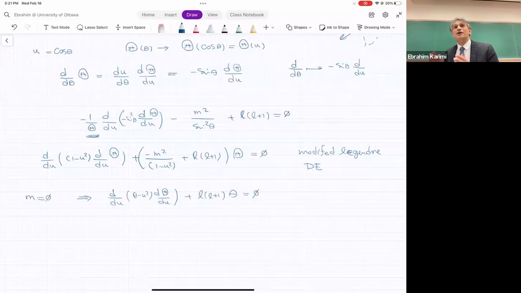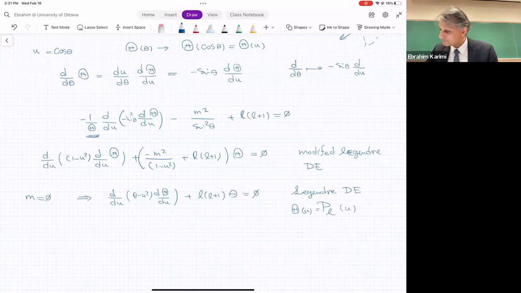This is the ordinary Legendre differential equation that you deal with, not the modified one. What are the solutions of that? P L of cosine of theta, or P L of u, that we already discussed. Legendre polynomial.